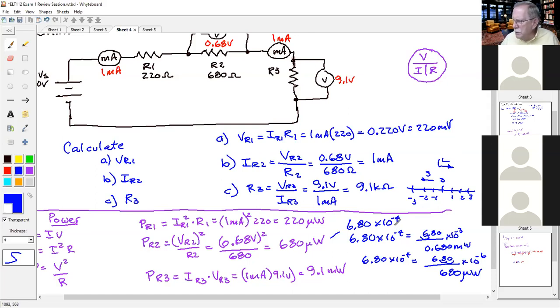Which calculator are you using? I'm using the TI-84. Okay, so let me see if I can bring that up. Hold on one second.